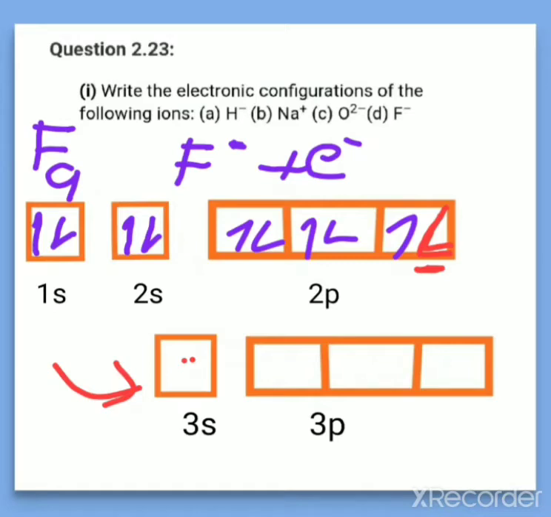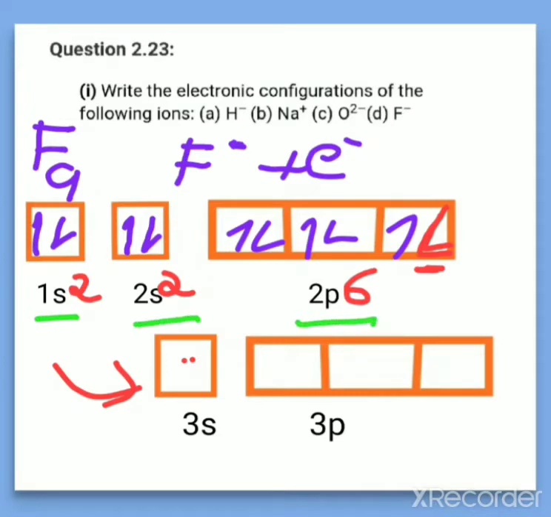This is the added electron. When you count it, it is 1s2, 2s2, and here you can find 6 electrons, that is 2p6. So the electronic configuration for F negative is 1s2, 2s2, 2p6.